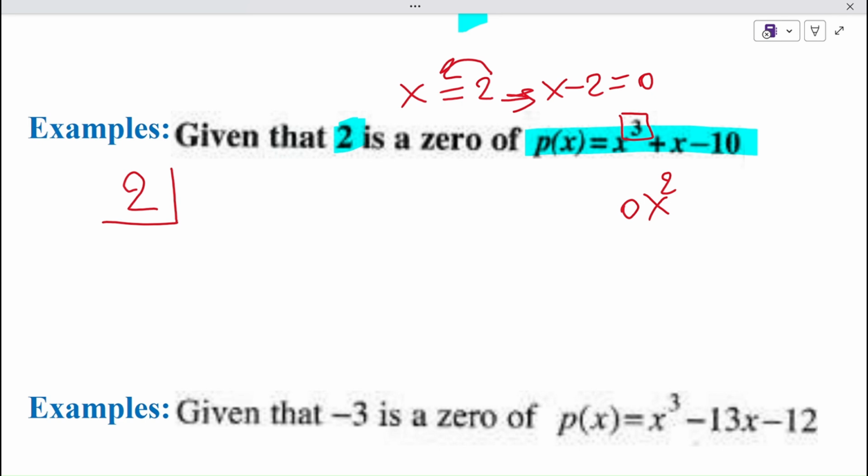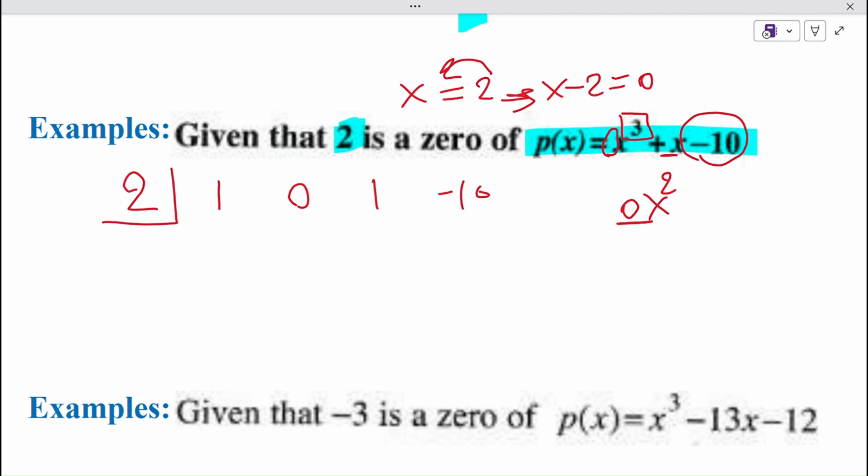In the synthetic way, just write the coefficients. Coefficient means the number next to the variable. The coefficient next to x to the power 3 is 1. Then the number next to x to the power 2 is 0. Then this one is 1. Write the number with the sign, minus 10.